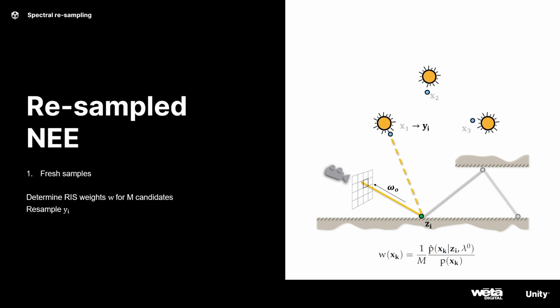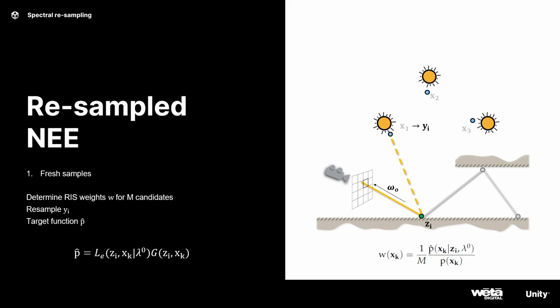What I want to stress is that after this process, we end up with a point yi that has been resampled on the light. And the index i here refers to the current sampling technique. This will be important for us later on. Now let's look at how we compute the target function p hat.